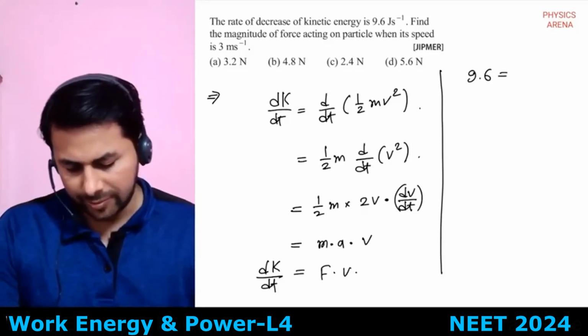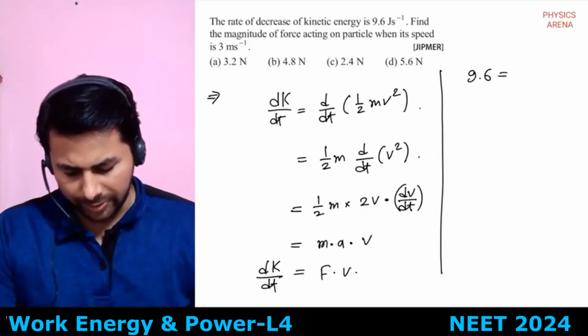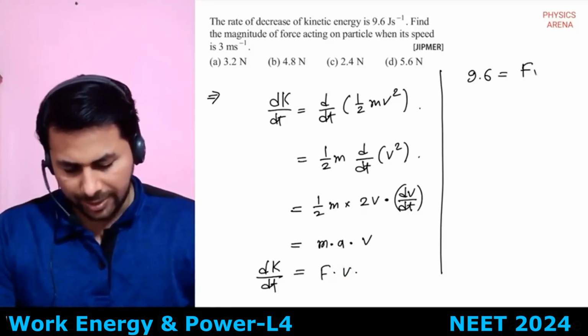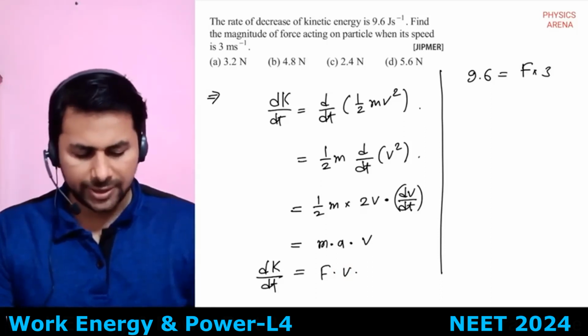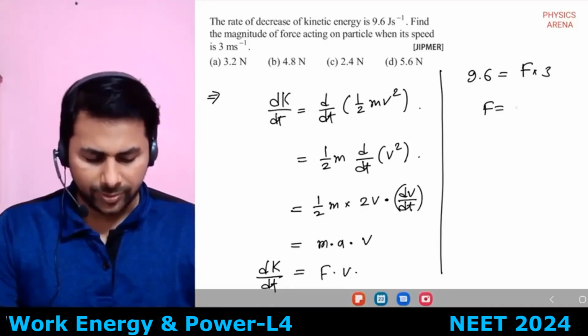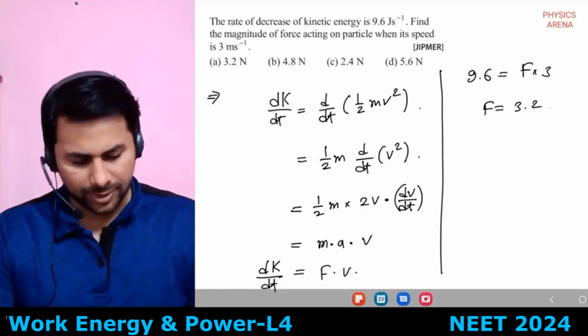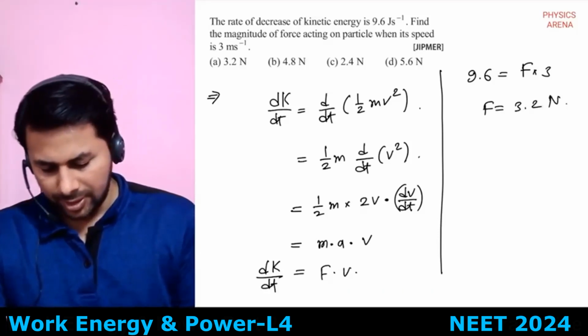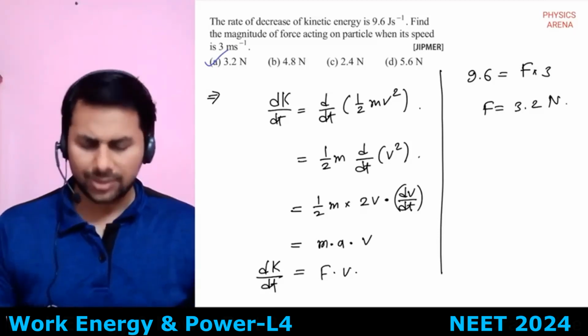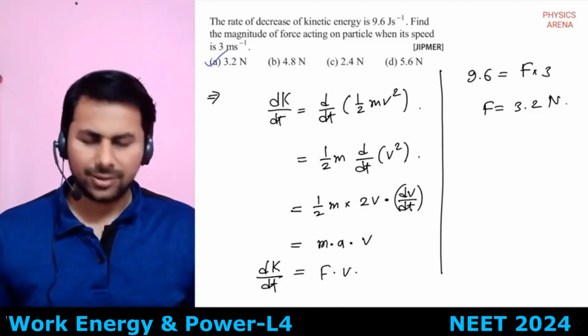It's 9.6, and speed v is also given, so it is F times 3. So 9.6 upon 3, how much? 3.2. So it is 3.2 newtons. This is the answer. Okay, but still this question is clear.